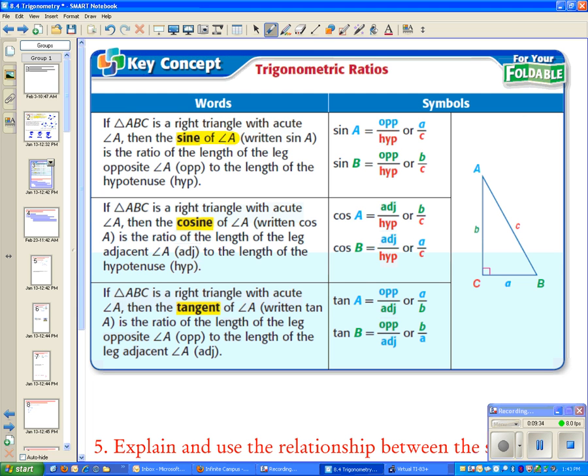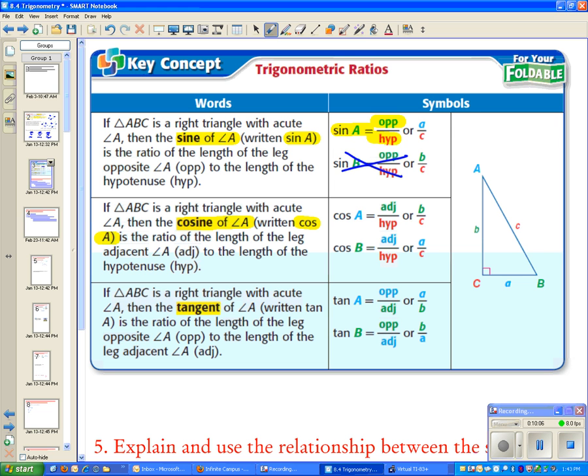The sine of angle A, written... Now, it's called sine. Its abbreviation is just 3 letters, but don't call it sin. It is not sin. It is sine. All right? So that's the way you write sine, and it is equal to opposite over hypotenuse. We won't worry about angle B yet. The cosine of angle A, written as cosine of A. Don't call it cos.